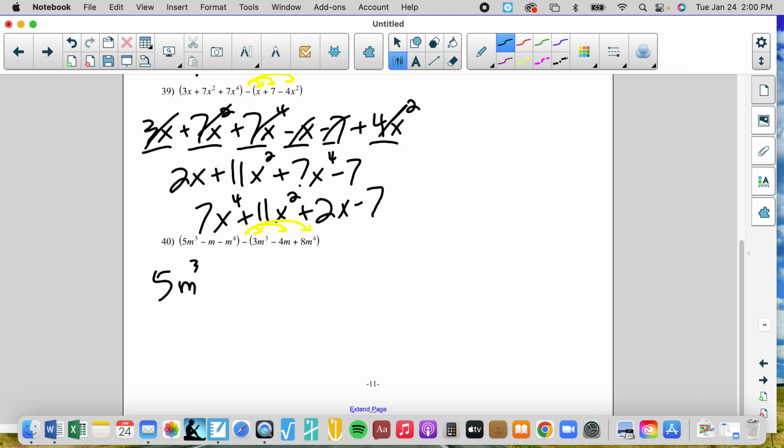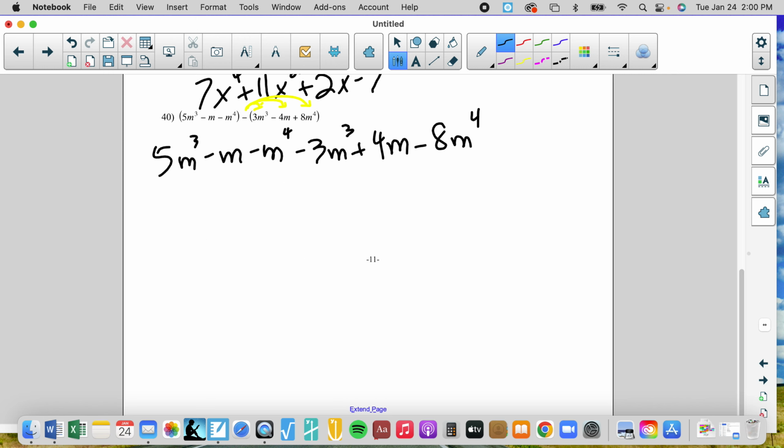5m to the third is not affected. Everything to the left of that is not affected. It's only the terms to the right that are affected. Now we're going to combine like terms. So we have m to the third, which gives us 2m to the third.